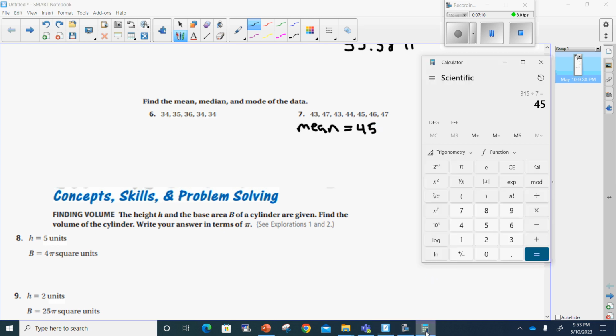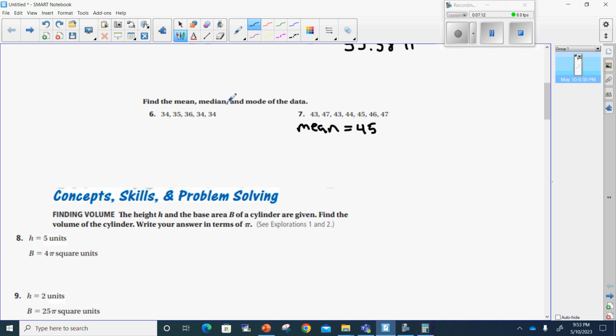All right. Next, we're going to find the median. To do the median, we have to put these in order. The smallest one out of all these is 43. Then there's another 43. Then there's a 44.